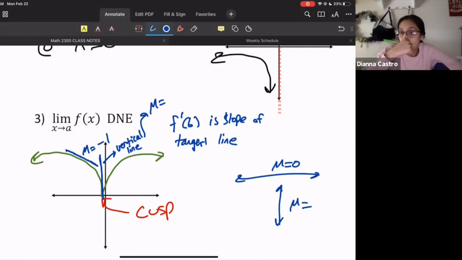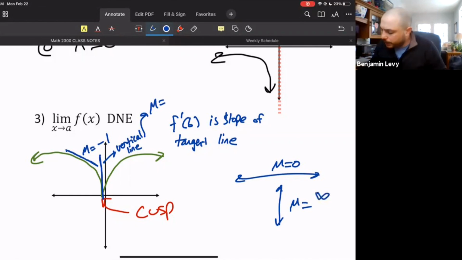It's like you rise infinity and you move over 0. So it's like infinity over 0 or something, right? That's a nonsensical expression, infinity over 0. And so at that cusp point, you end up with a vertical tangent line, which is showing us that we don't have a derivative there because you get a nonsensical slope.